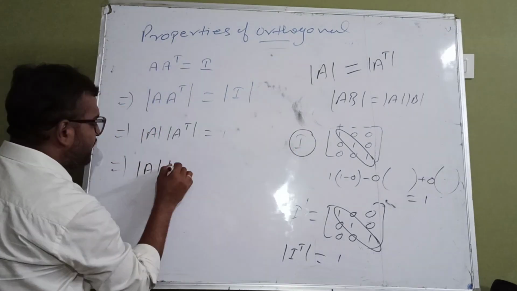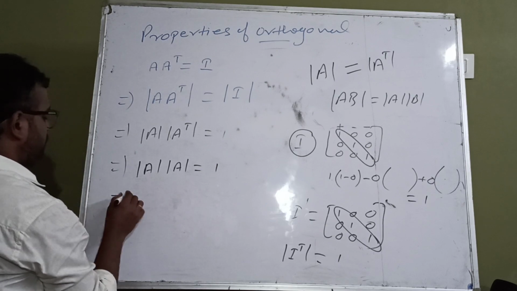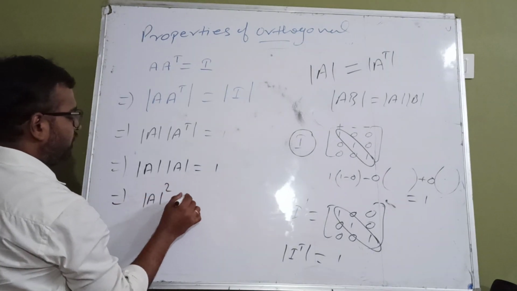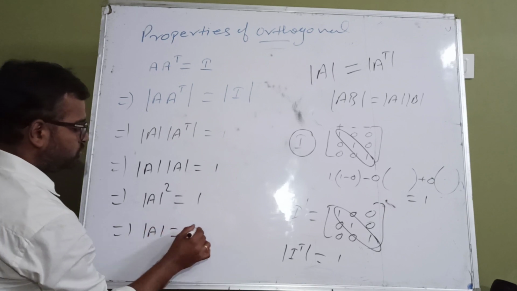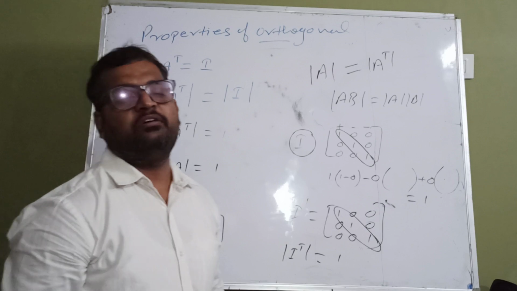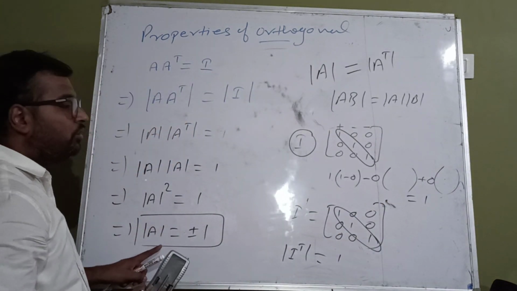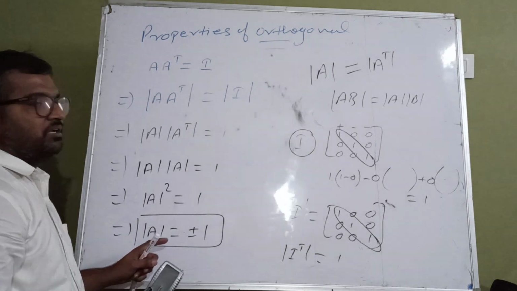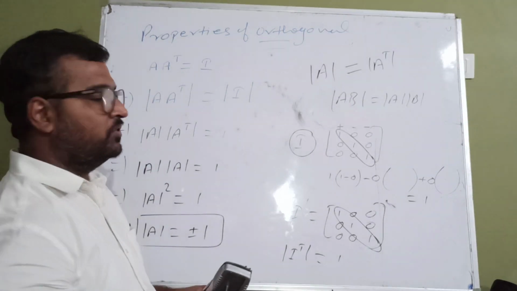So can it be written determinant of A squared equals 1? Now determinant of A is equal to plus minus 1. Then a very important result we are getting: if A is an orthogonal matrix, then the determinant of A must be either 1 or minus 1. This is the point.